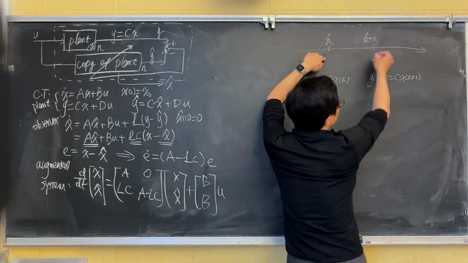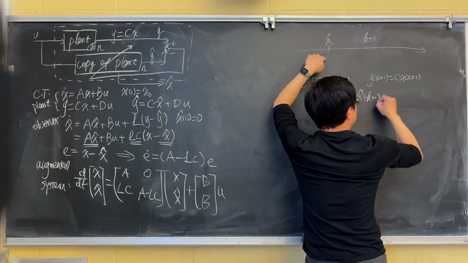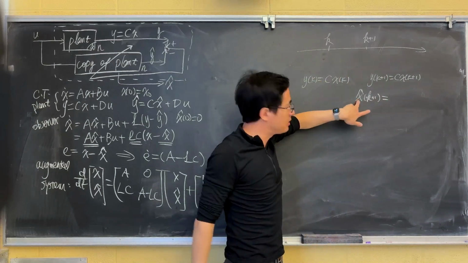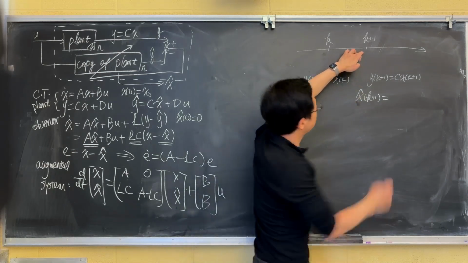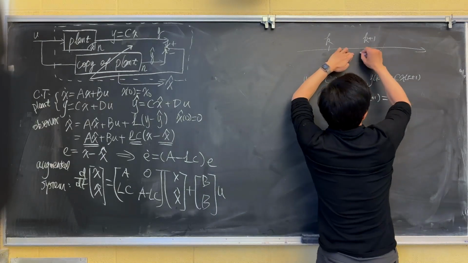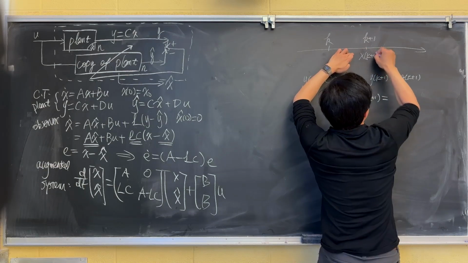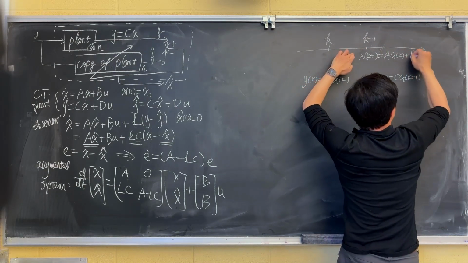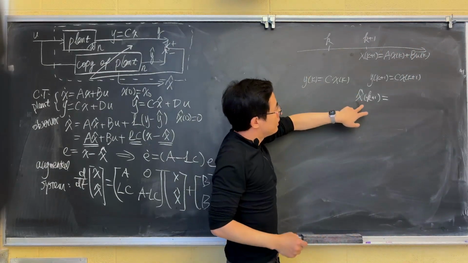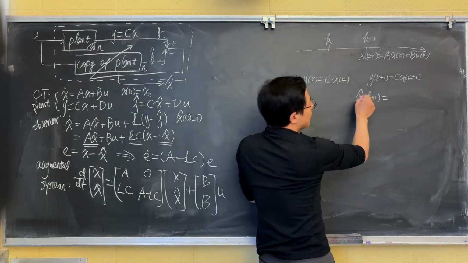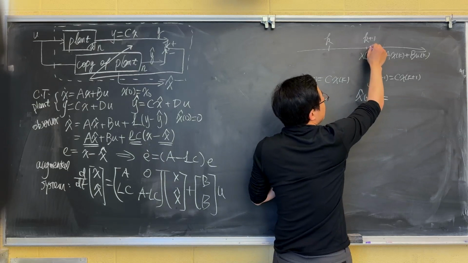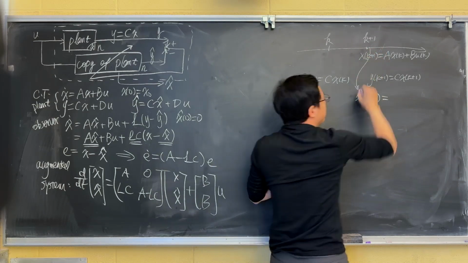The observer equation is, I want to estimate the value of the state at this time. All right? So at this time, the system dynamics that's already happening is this. And I'm trying to estimate this. So that means this is happening a very, very tiny little bit after this time.